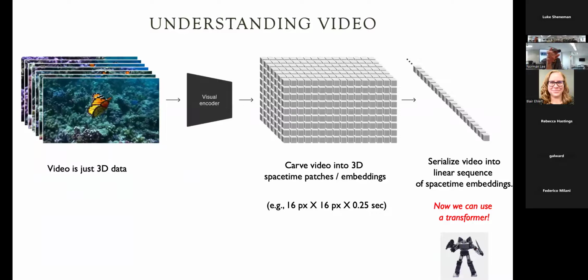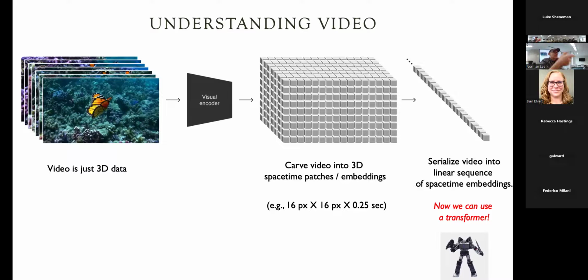So video diffusion is the same thing, except if you think about it, video is just 3D data, right? It's images over time. And so you can create an embedding for patches in video. But in video, you don't just have XY patches, right? 16 by 16.